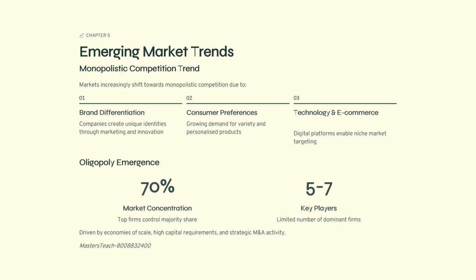And technology, new trends. One is brand differentiation, so companies create their own identity through different marketing and innovation strategies. Then consumer preference, so consumer preferences are changing. Then technology and e-commerce, so digital things, online shopping, everything is getting targeted.